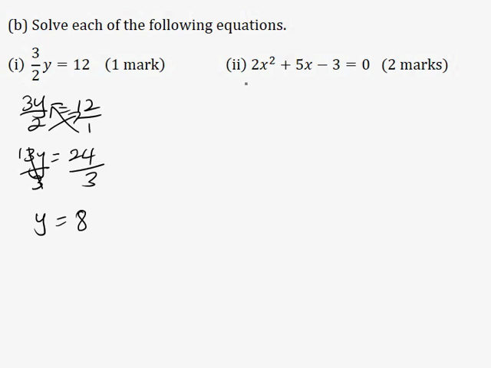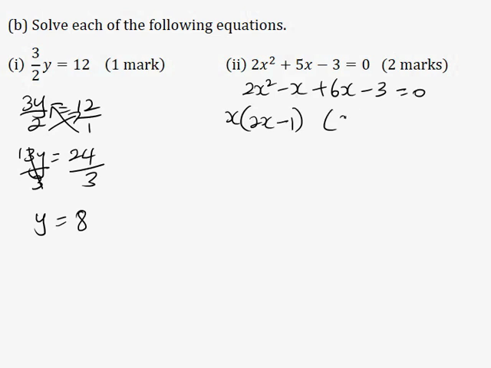So I can write here 2x squared minus x plus 6x minus 3 is equal to 0. The HCF of the first two terms here is x. 2x squared divided by x here is 2x, minus x divided by x here is minus 1.